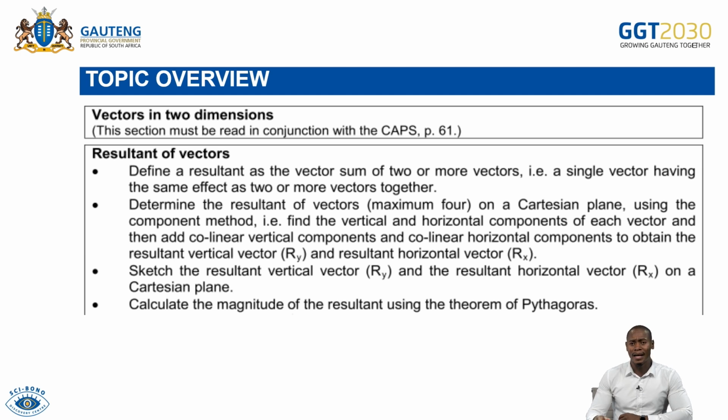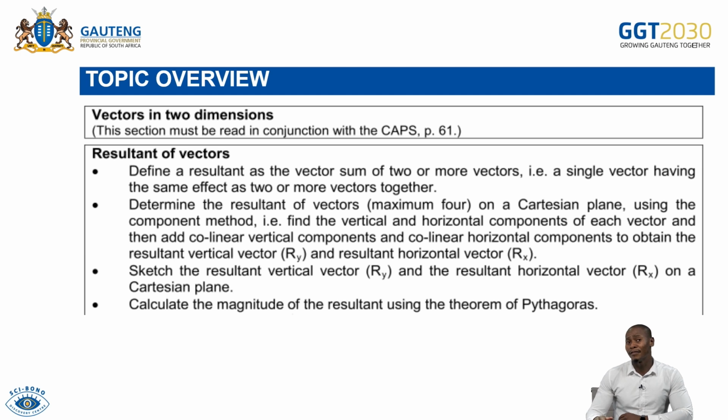And I believe it's not the first time you meet this term resultant. You did this, I think it was term 3 last year in grade 10 under mechanics. So actually here is just the continuation, or the addition, of what you did last year.